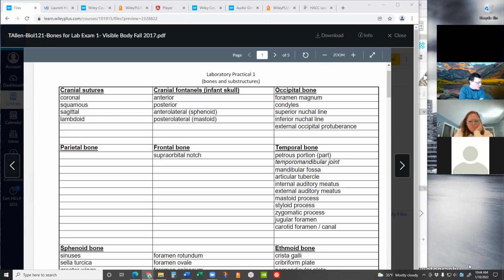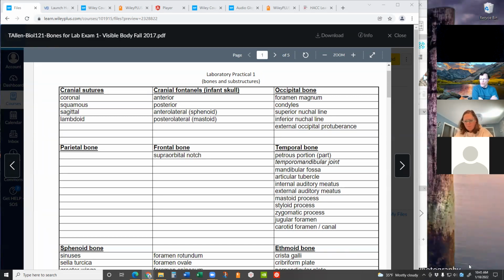Okay, so as you can see, if you're using the current edition of the textbook, that is your digital textbook, then it should be figure 7.14. Figure 7.14 contains the fontanelles at birth. Using your word bank, there are 4 fontanelles you need to know.